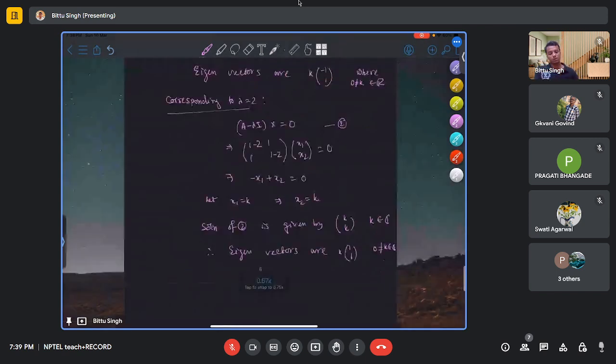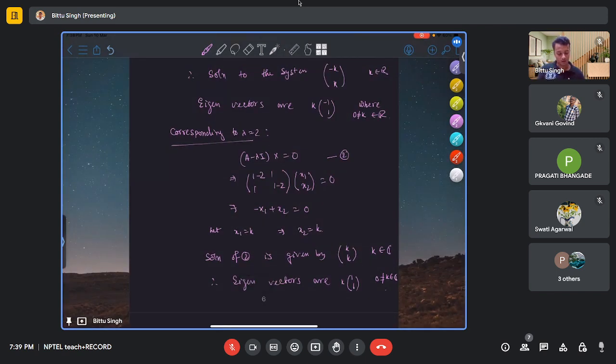So this is the process of finding eigenvectors.